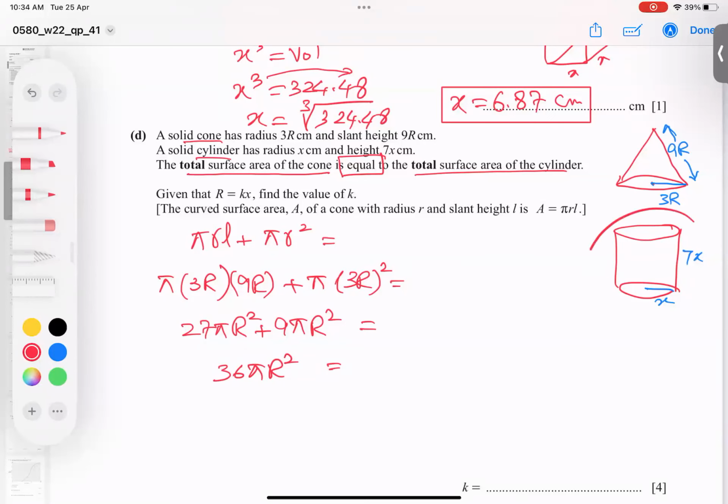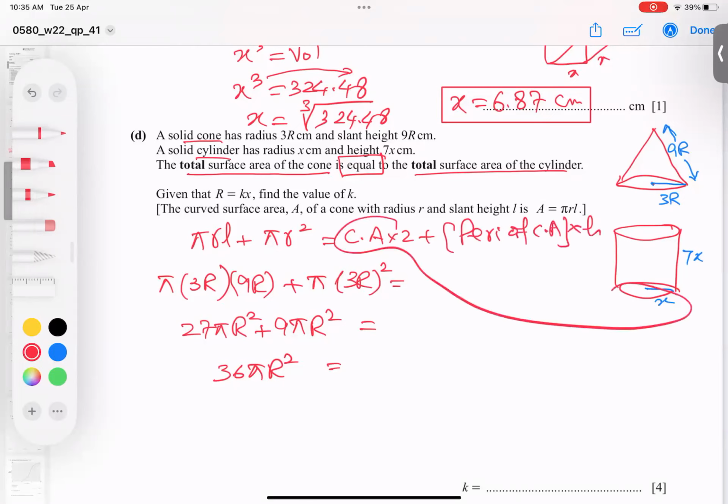Now the cylinder. The cylinder has two things: the top circle pi r square, the bottom circle pi r square, and the curved surface area. If you know this formula, it is 2 pi r into h, or the other formula which I normally teach my students: cross area into 2 plus perimeter of cross area into height.